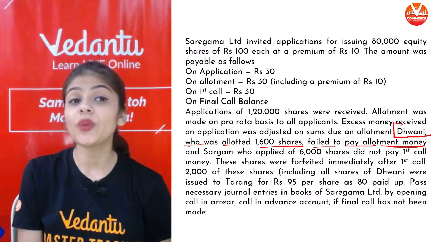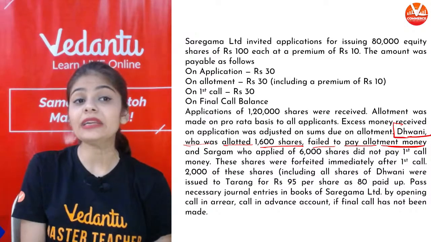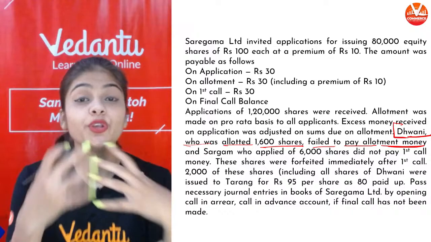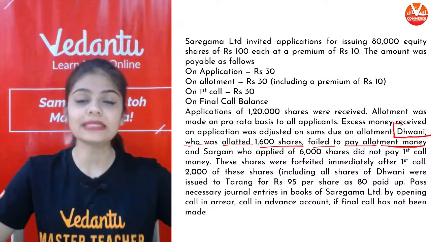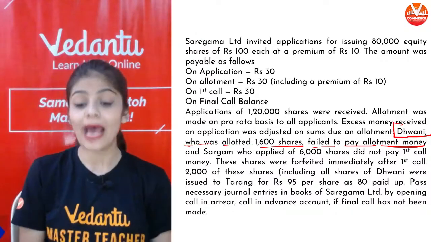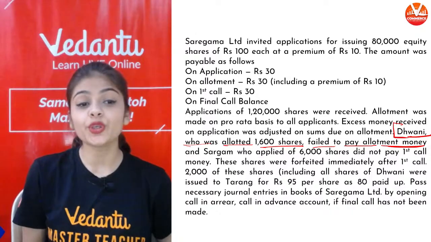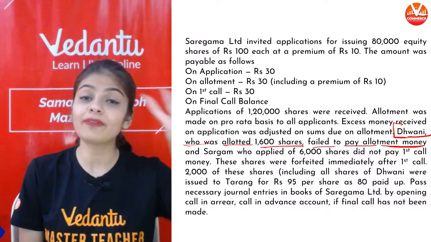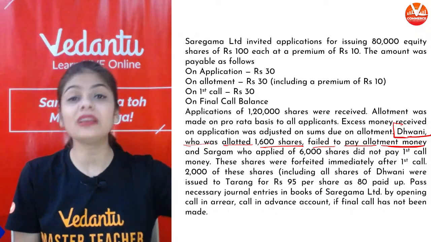So now we don't know how many shares were applied by her. You have to find it out, because this is oversubscription. The applied number of shares is not given for Dhwani. You have to follow those 3 steps that we did in the previous sample paper.